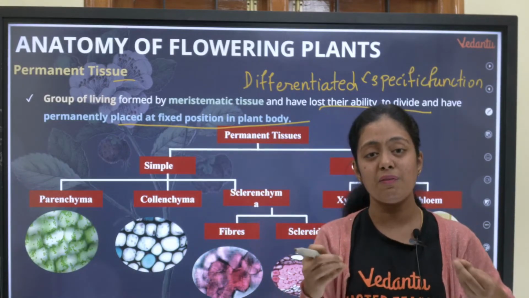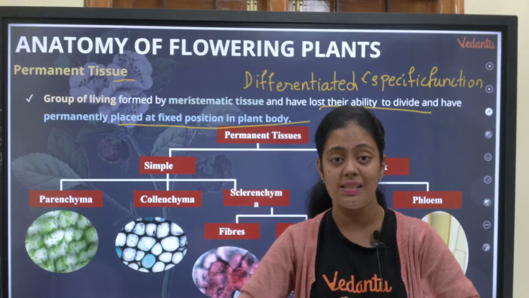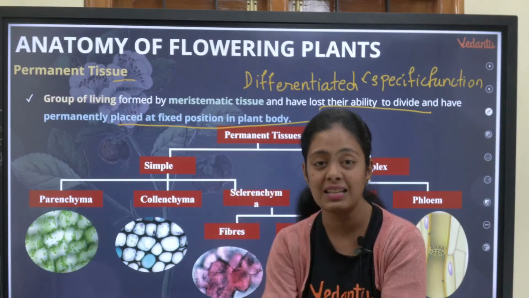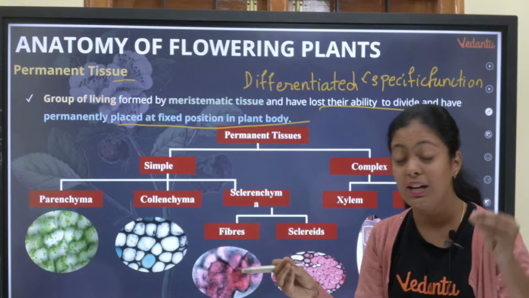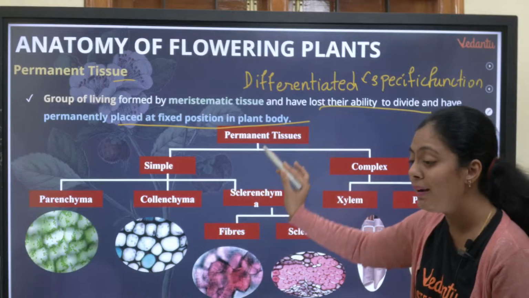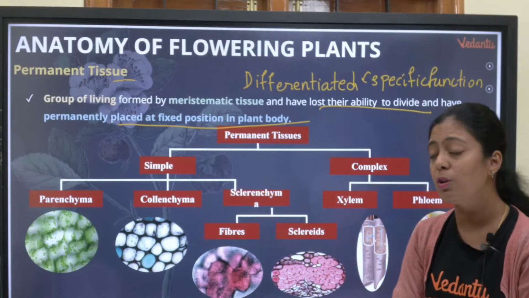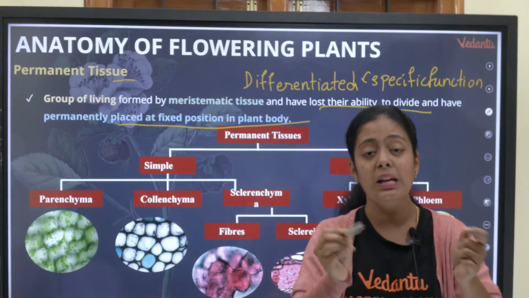We don't have a specific function, but once you enter 11th you choose the subjects of your interest and read only specific things. That is what differentiated means. You can remember it as differentiated and undifferentiated. That is what we call permanent tissue. Very, very important: they have lost their ability to divide. Please keep it in your mind.